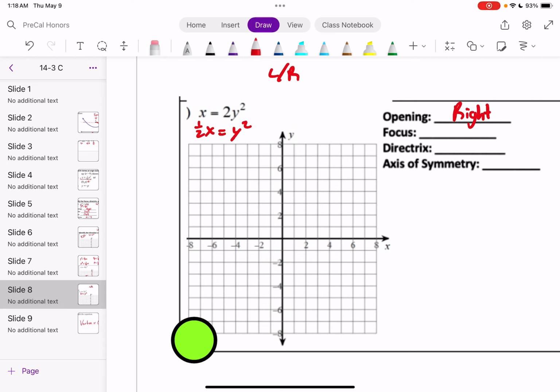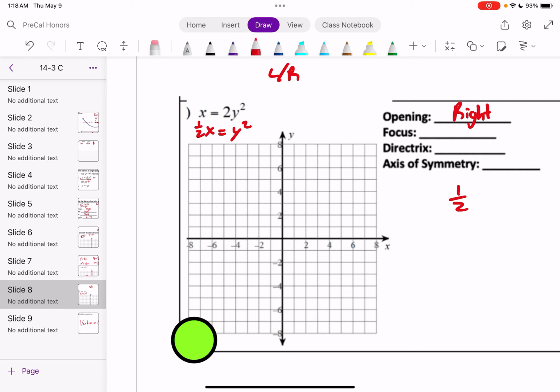Now, from there, we're going to focus on our actual focus.